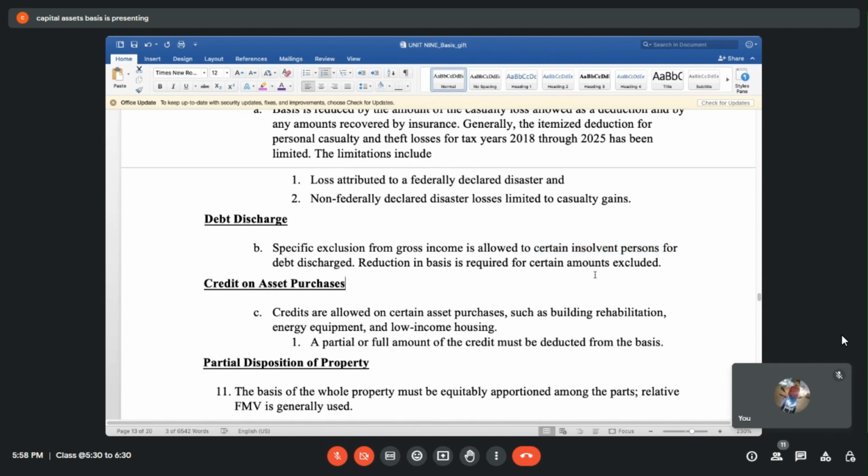That doesn't mean we need to take that $4.5 million as income for this person. Usually when the debt is written off, that becomes income in the normal situation, but not in the case of insolvency.